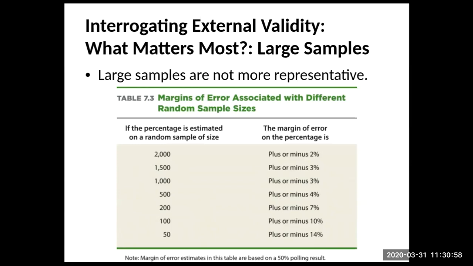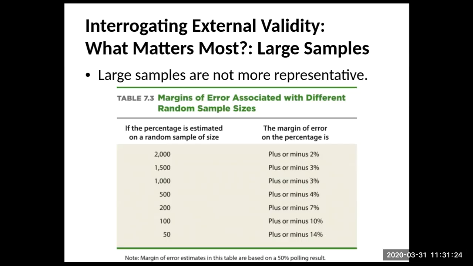But what happens when you get fewer people? 500 people, it jumps to 4%. 200 people, it's at 7%. 100, 10% chance of error, right? Remember, if we go by alpha equals 0.05, we want 5% or less in our experiments. If you only have 50 people, it's plus or minus 14%. That's a lot of margin for error, right?